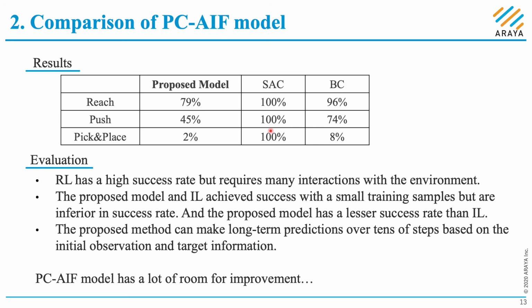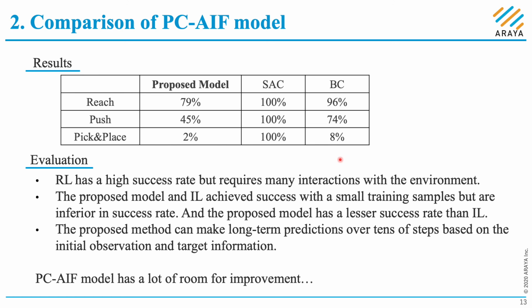For all tasks, RL soft actor-critic has a higher success rate, but has the disadvantage of requiring more interaction with the environment. The proposed method and IL behavior cloning achieved success with fewer training samples, but they are inferior in success rate.